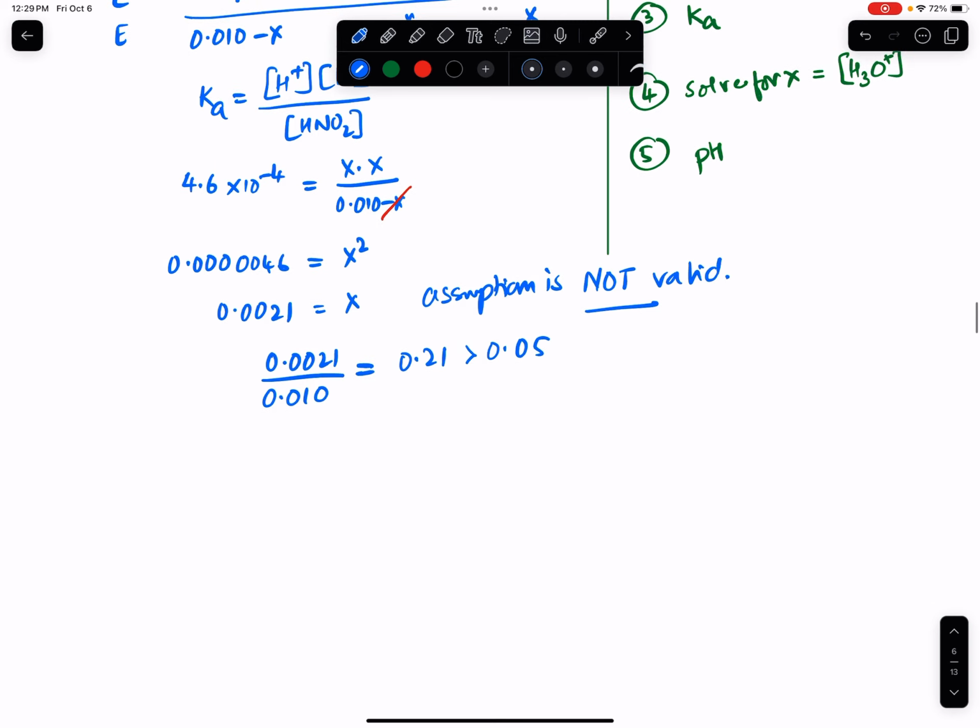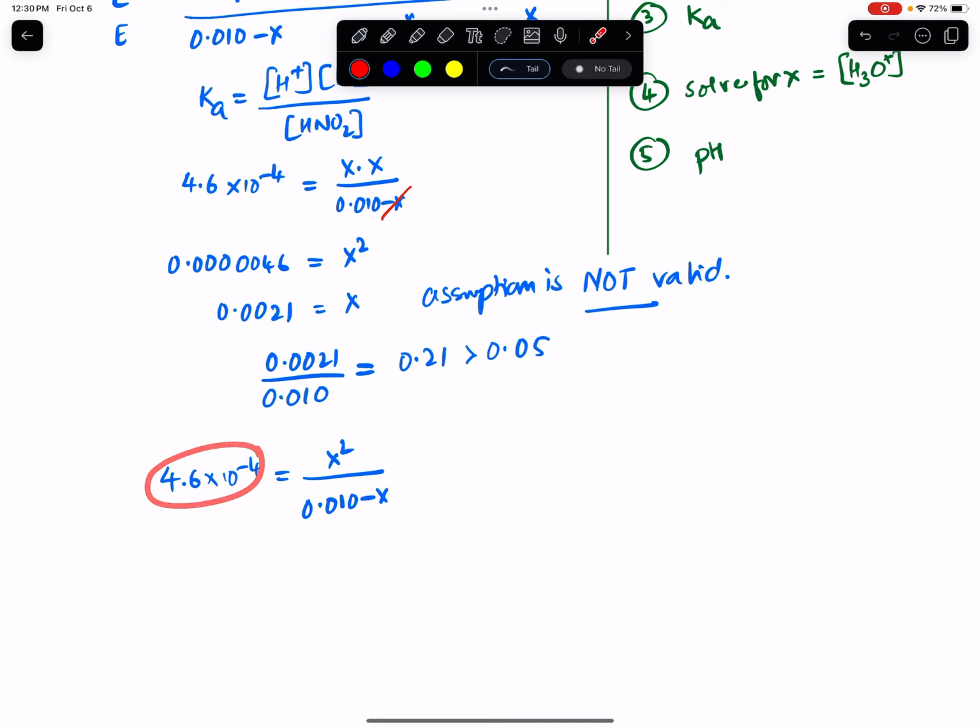If I rewrite that, I get 4.6 times 10 to the negative 4 is equal to X squared over 0.010 minus X. I'm going to multiply both sides by this term. That gives me X squared is equal to 4.6 times 10 to the negative 6 minus 4.6 times 10 to the negative 4 x.